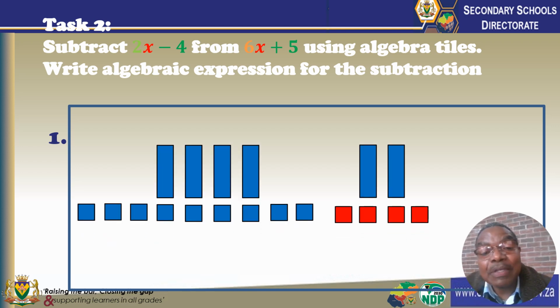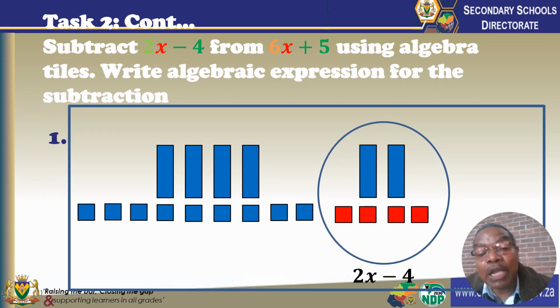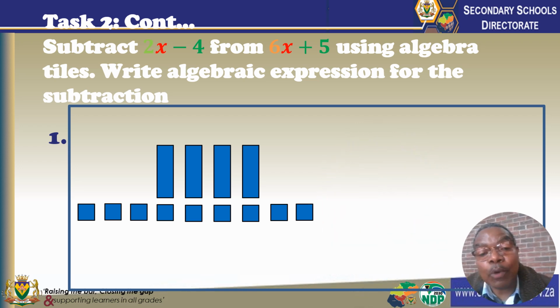We have 6x plus 5, 1, 2, 3, 4, and also 5 positive tiles. So now let's separate it. Take away that, which gives us 2x minus 4. When we separate, we are left with 4x plus 9.